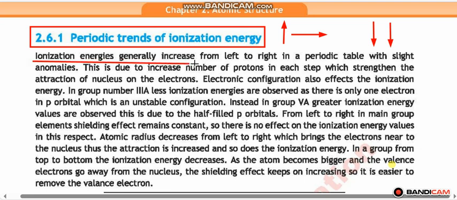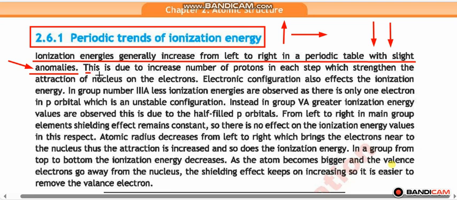Ionization energies generally increase from left to right in a periodic table with slight anomalies. Anomalies means that there will be some elements which we might expect to have more ionization energy, but instead they will have less ionization energy. There are so many factors which affect such kind of anomalies. Now we discuss the reasons.